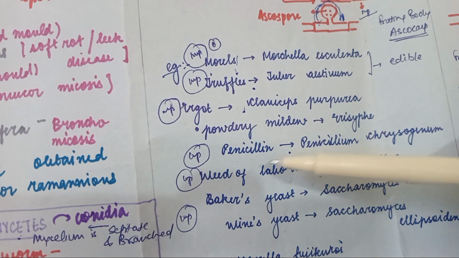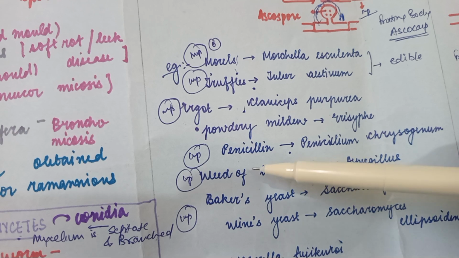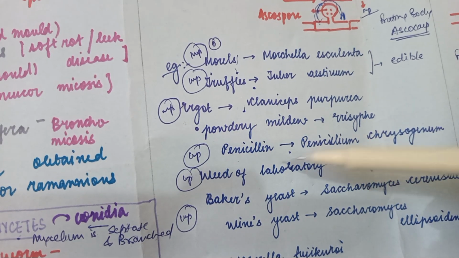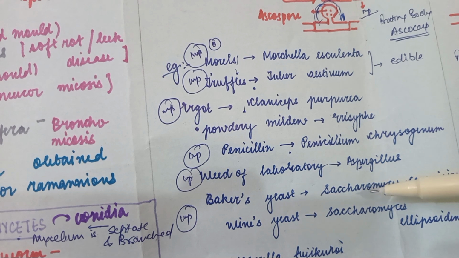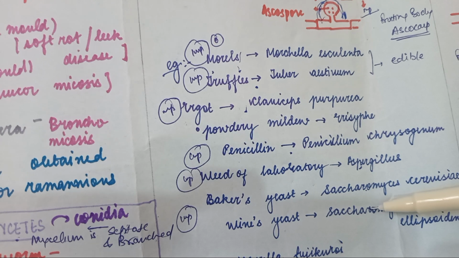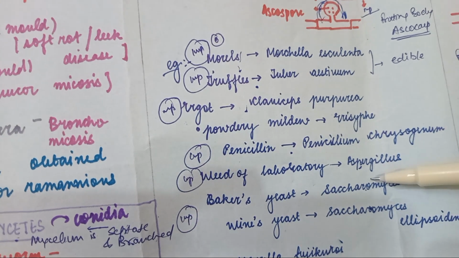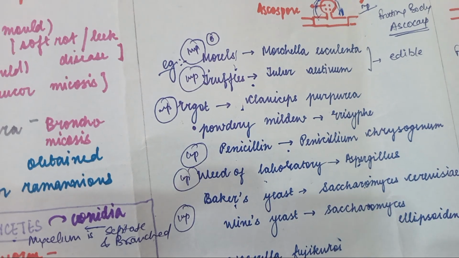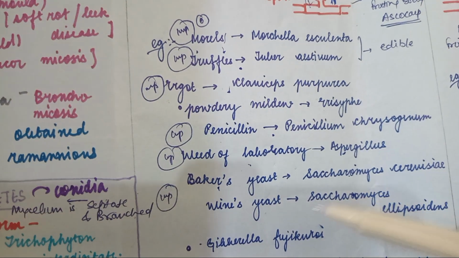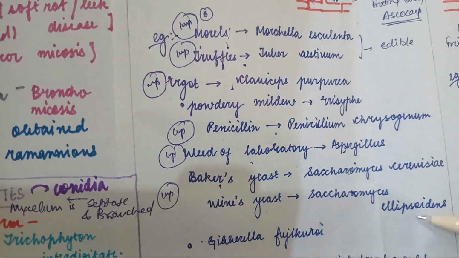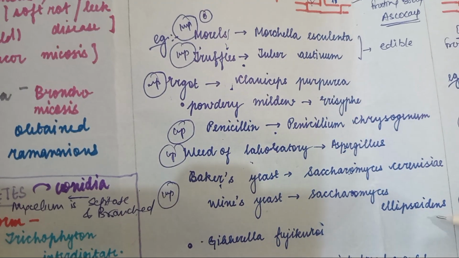It is also the weed of the laboratory; wherever it grows, it is a weed of the laboratory. Another is Saccharomyces. Yeast is also an example of the Ascomycetes. There are two types of yeast: one used by bakeries, which is Saccharomyces cerevisiae, and a different one used in the production of wine, Saccharomyces ellipsoideus.